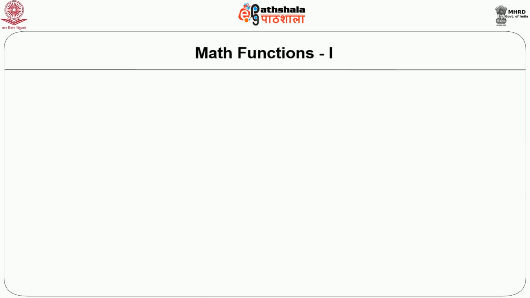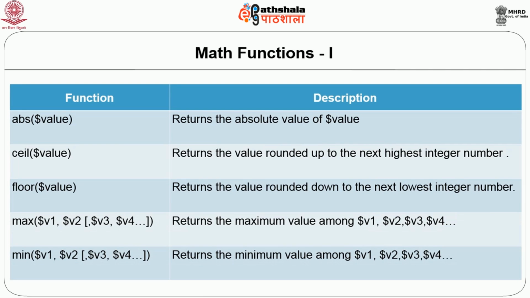In the same way there are ceil and floor functions. The ceil function returns the value rounded up to the next highest integer number, while floor returns the value rounded down to the next lowest integer number.